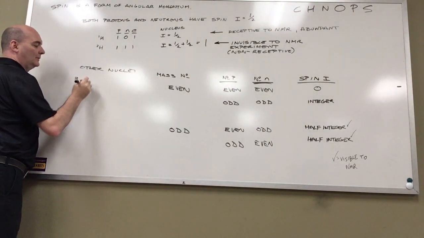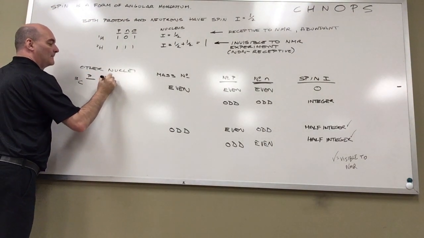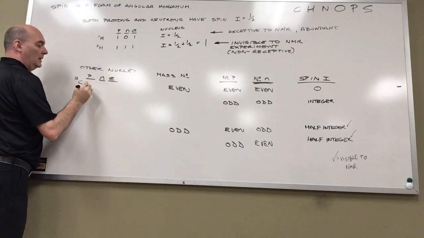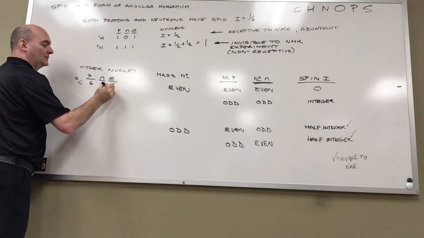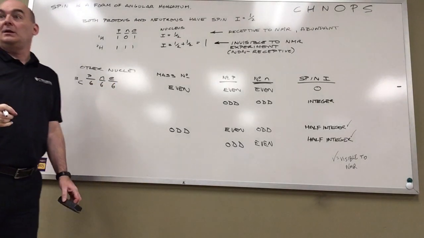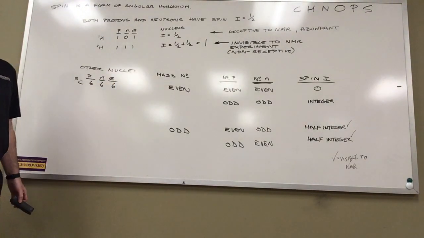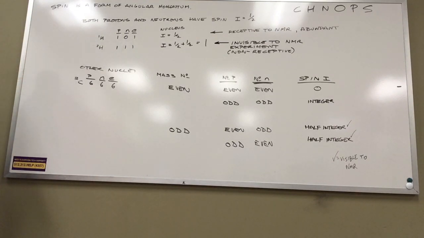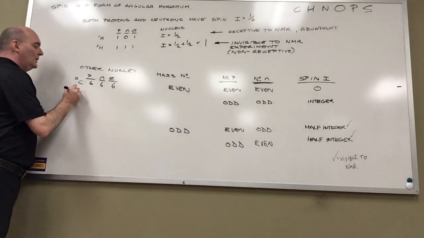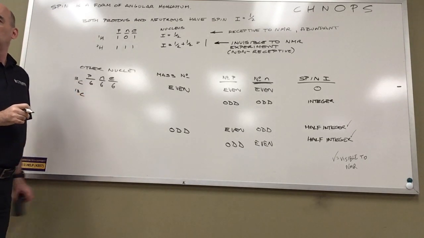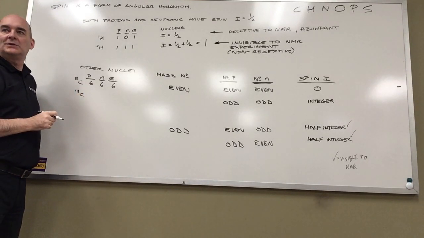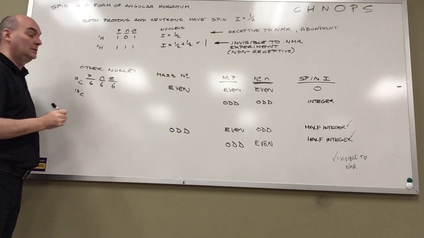Carbon 12 has 6 of those, 6 of these, and 6 of those. Carbon 12 is the big abundant one. It is 99 point something percent of all carbon that's out there. But what if we looked at that 1 in every couple of thousand nuclei? There was a carbon 13.